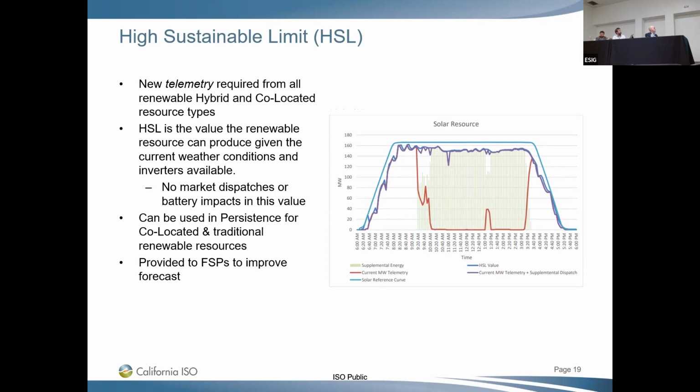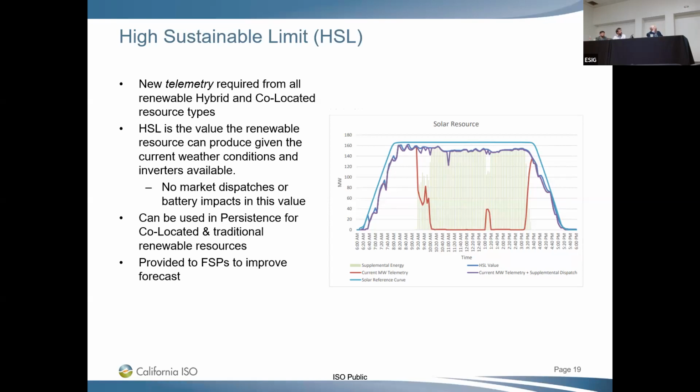That's where you see a forecast. This is more of a telemetry point that has some calculations behind it to tell us at this moment, solar resource, what could you produce if you weren't being dispatched from the market? So if your actual's down at 0, what was your capability based on the inverters that you have on the system and the weather that's out there to get to a data point?